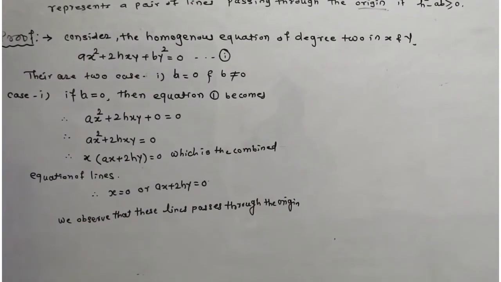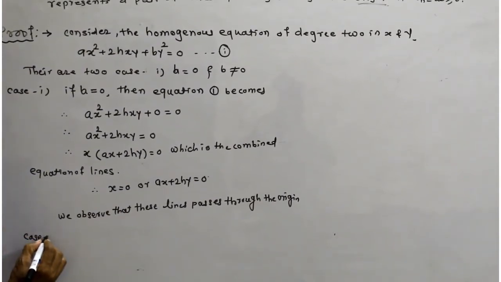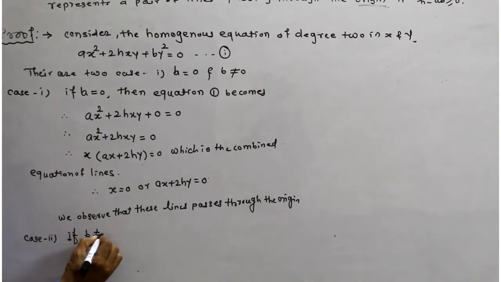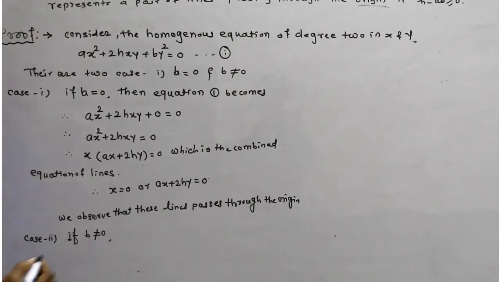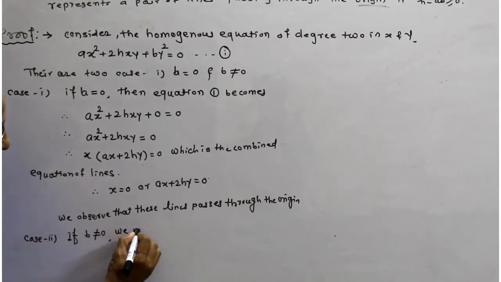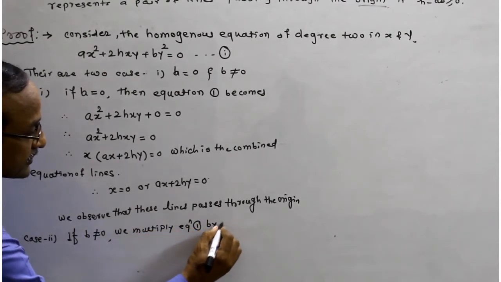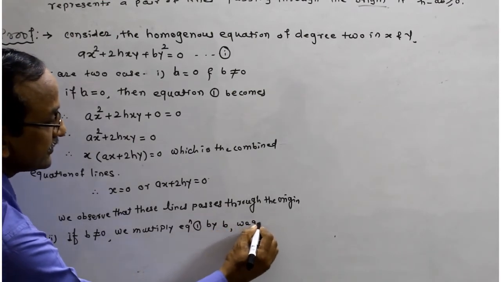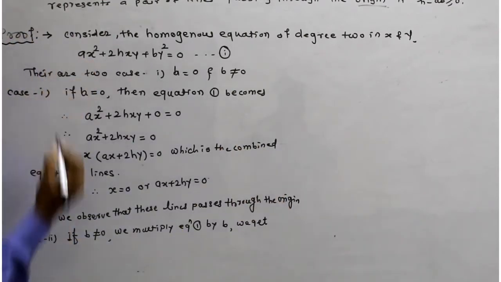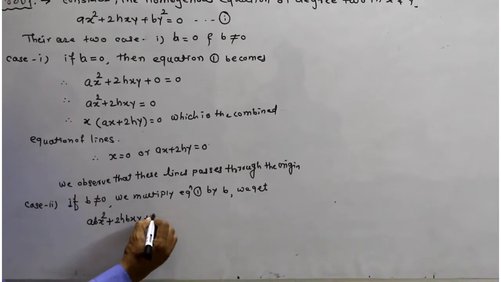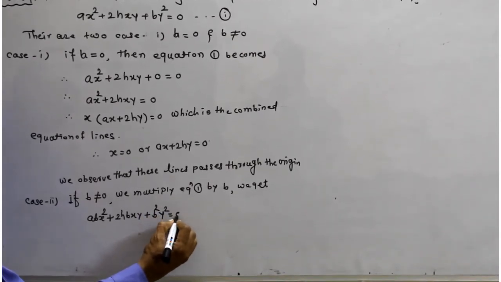Now consider case number 2. So case number 2 here, if b is not equal to 0, we multiply equation 1 by b, we get, so multiply here equation 1 by b, it is abx square plus 2 times hbxy plus b square y square is equals to 0.